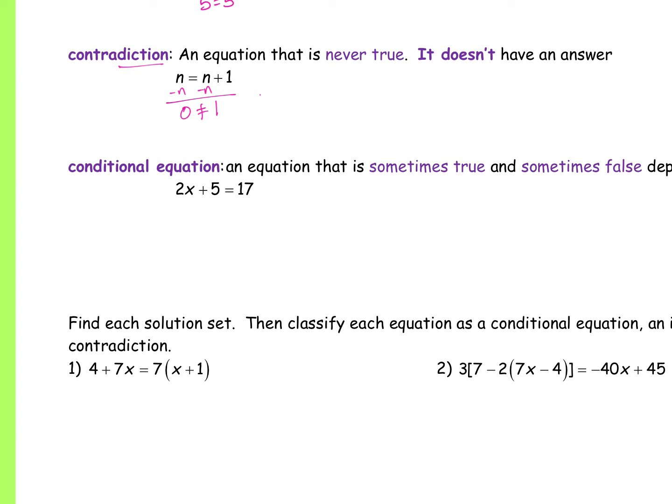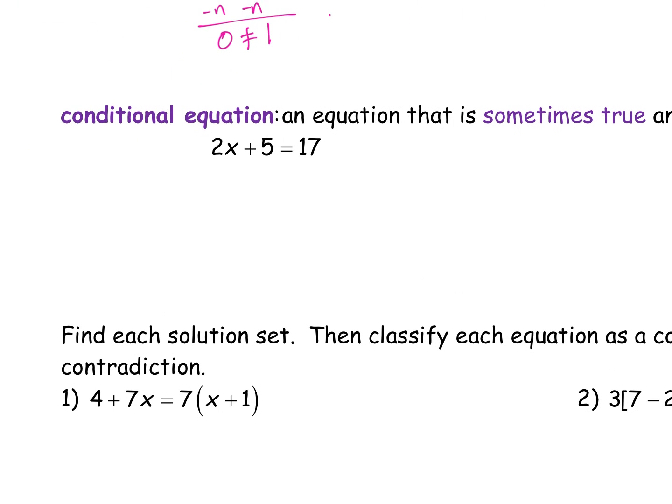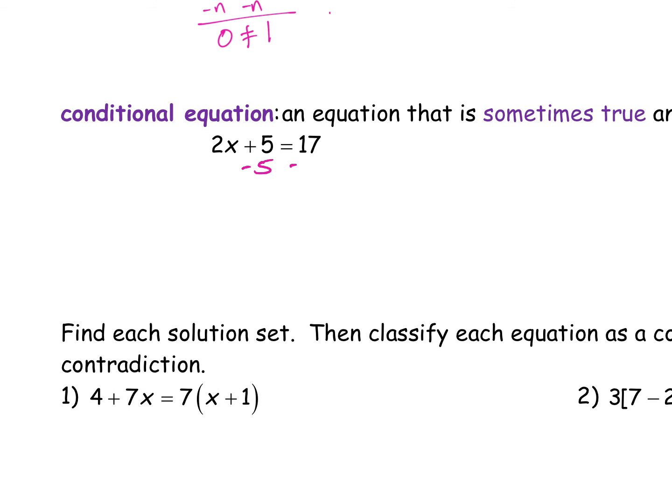So if I solve this equation, minus 5, I get 2x equals 12. Divide by 2, I get x equals 6. It equals something. Even if it equals 0, I get x equals 0. I still have a variable, and it equals something. Whether it's a fraction, or 0, or infinity, I have x equals something. That's a conditional equation. Does that make sense?